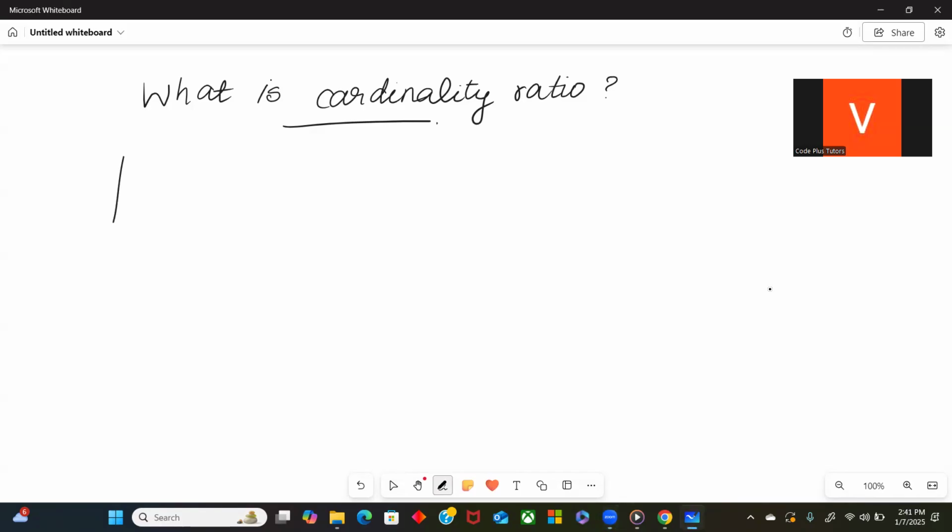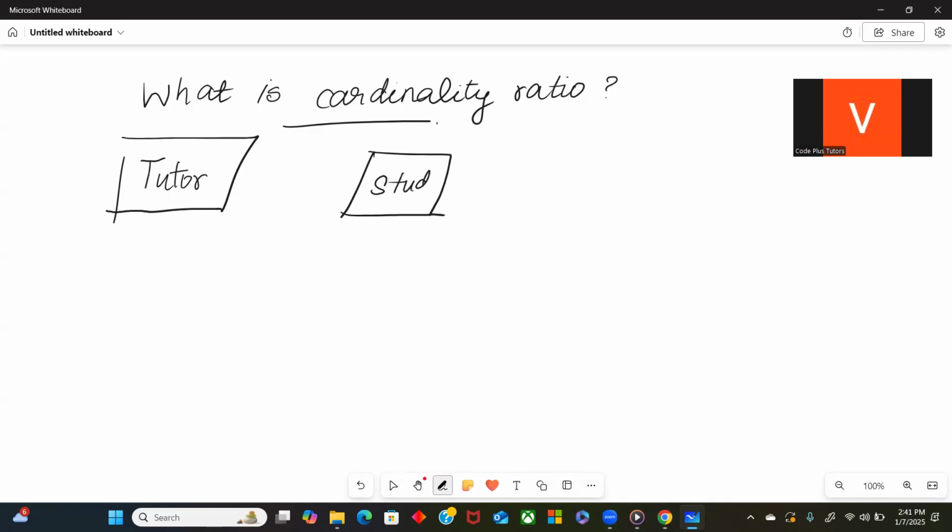Say, for example, we have an entity called tutor, and we have one more entity called student. Between tutor and student, there is a relationship called teaches. So tutor teaches student.